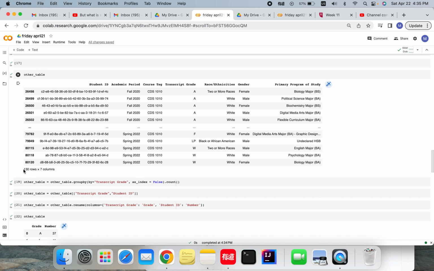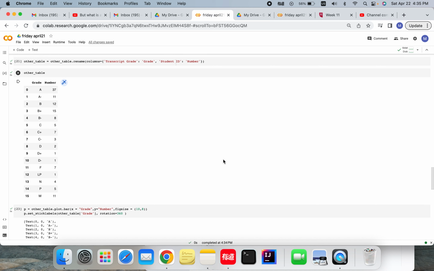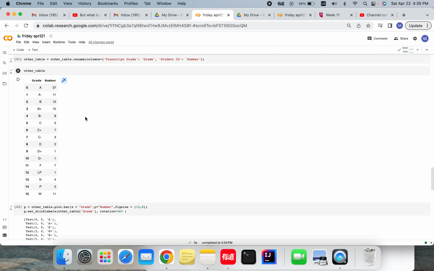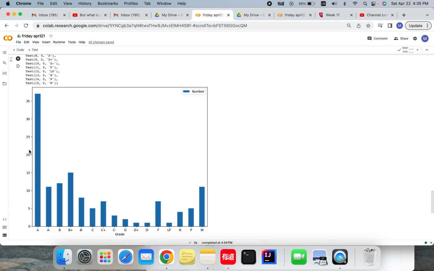It turns out 130 people in other majors actually took CDS 1010, and some of them got an A, some failed, some withdrew. There are 37 people here. There is still a majority of them who get an A. It's an intro class, not surprising. Some got a B plus, some a B, some a B minus. Overall that's more than the people who have a C, D, even F, or withdrew.